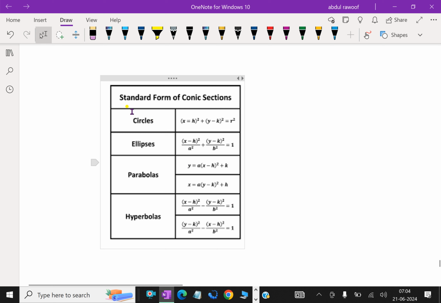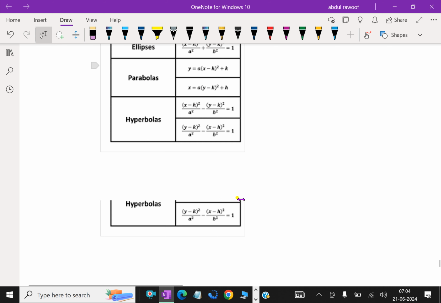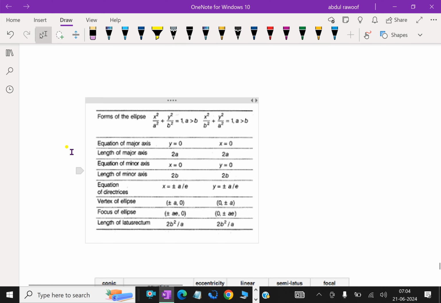And one more: the standard form of the conic section circle is (x minus h) whole squared plus (y minus k) whole squared equals r squared, likewise for the ellipse, parabola, and hyperbola. This tabular form is very useful. The two forms of the ellipse are x squared by a squared plus y squared by b squared equals 1, if a is greater than b, for the horizontal and vertical axes.